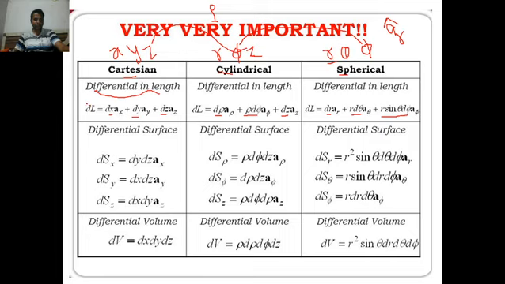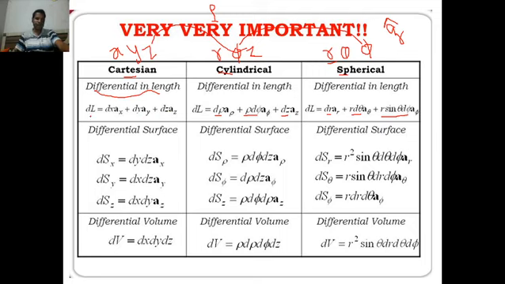You can also write it in this fashion: dl bar equals dx ax cap, dy ay cap and dz az cap. What is the differential length? In the x direction dx, in the y direction dy, in the z direction it is dz. So the total differential length is this.